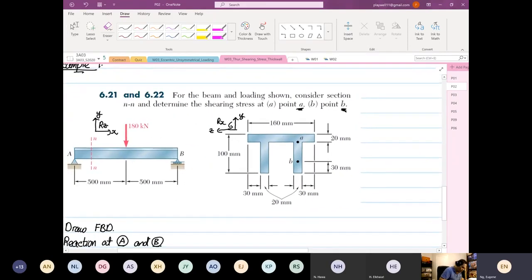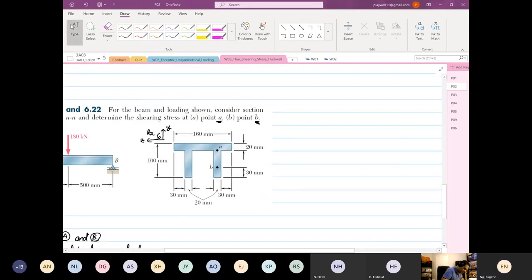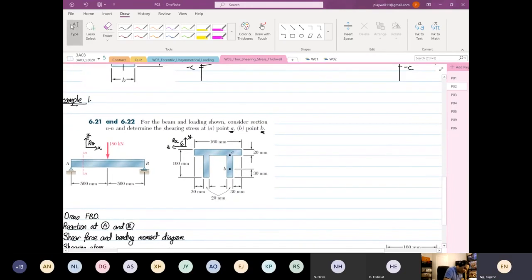So we're going to draw our free body diagram. So you write out your transformation, X and Y, rotation Y, Z, and you sketch out your beam. So this is our beam.